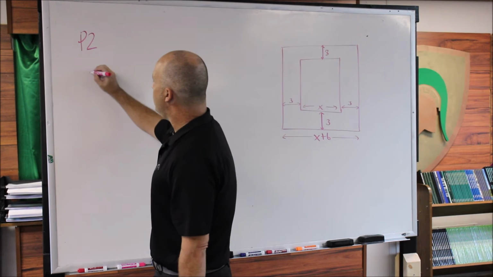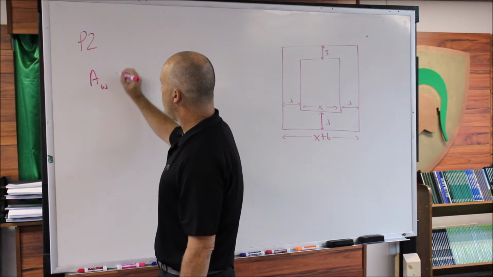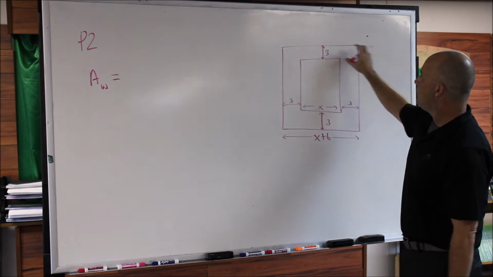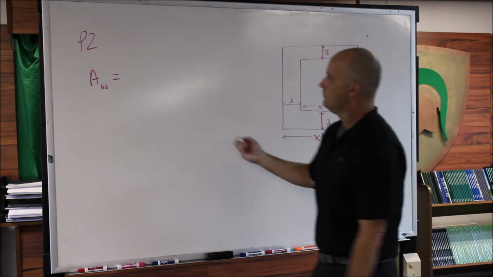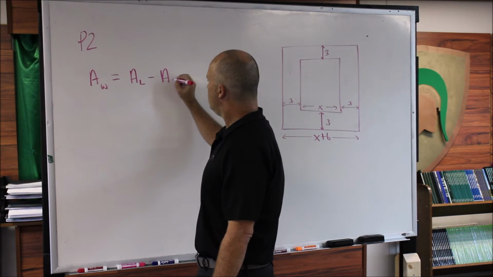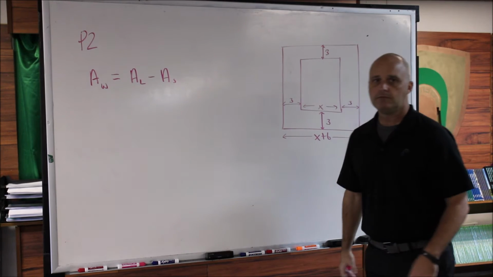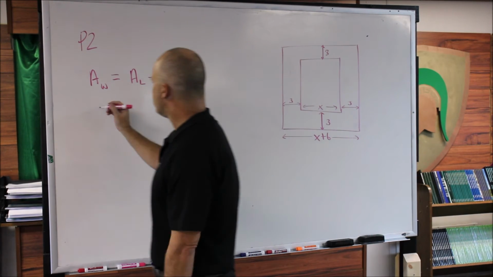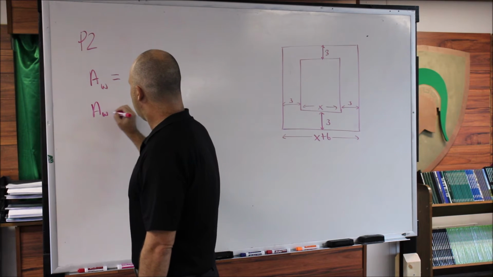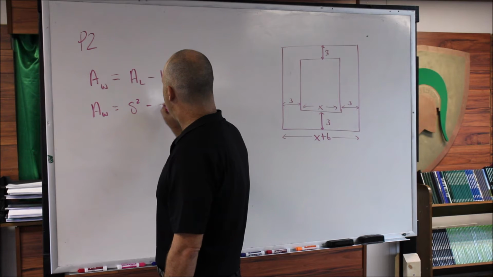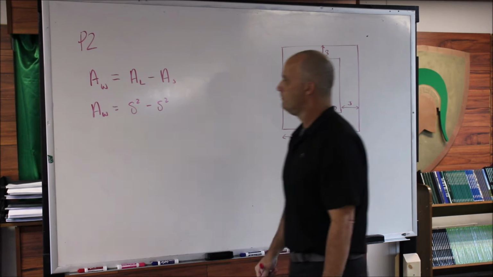You're going to be finding the area of this walkway. So the area of the walkway is going to be equal to the area of the large square minus the area of the small square. So now you need to ask yourself, what is the formula for the area of a square? So we're going to go A sub W is equal to S squared minus S squared.